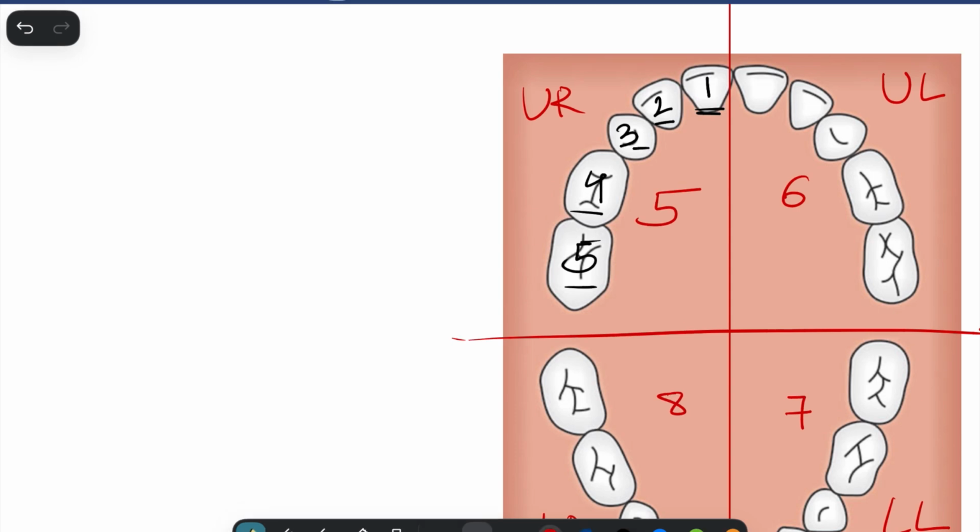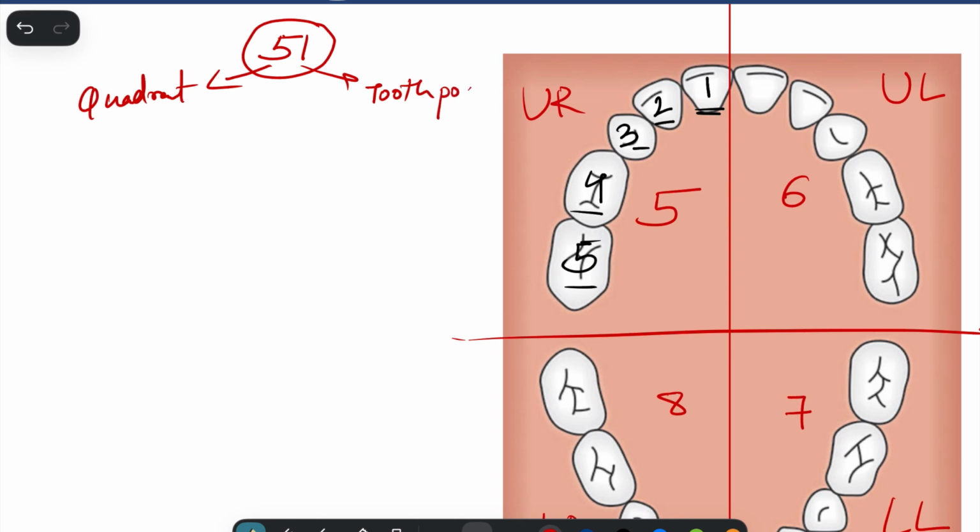Okay, so now let's take some examples. A patient needs extraction of 5, 1. Okay, so let's see how we can break it down. So the first digit is our quadrant, and the second digit is our tooth position from midline.